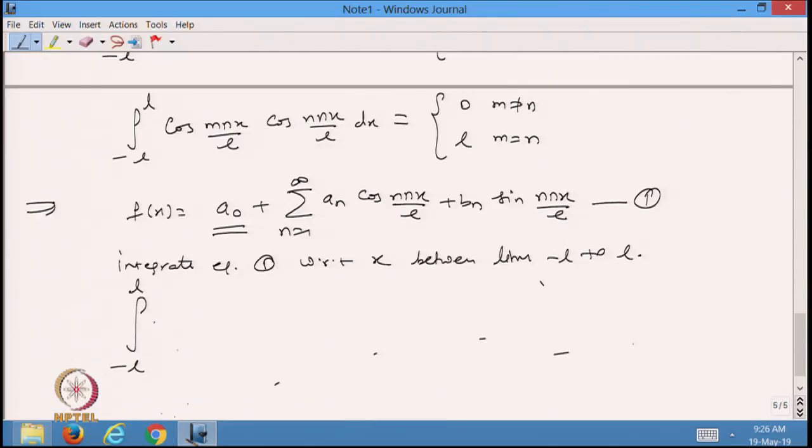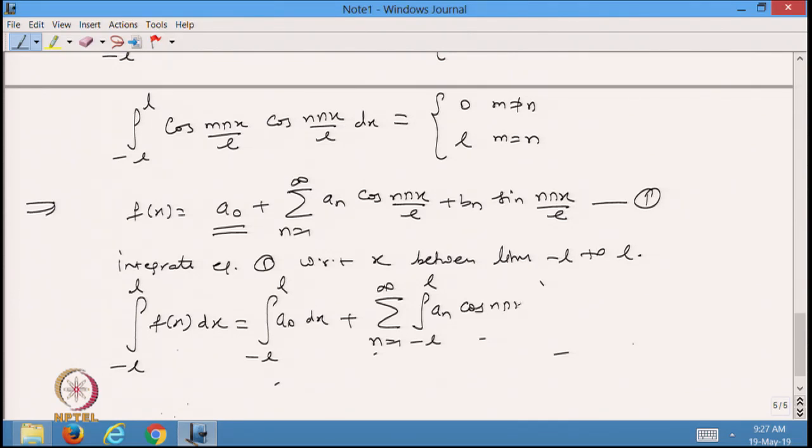So, I have the integral from minus L to L of f(x) dx, and on the right hand side I have a 0 plus the summation n from 1 to infinity of the integral from minus L to L of a n cos n pi x by L dx plus the integral from minus L to L of b n sin n pi x by L with respect to x.